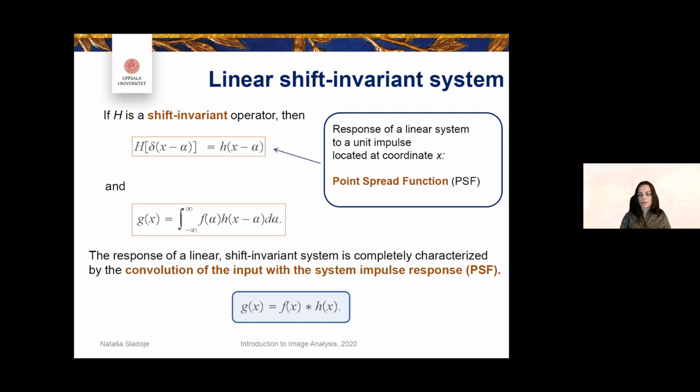If we know that, it tells us enough to derive how the whole degraded image will look. How do we do it? If we know the response to a single impulse, we apply convolution with our original function, and we get the degraded, the observed function. Nice.